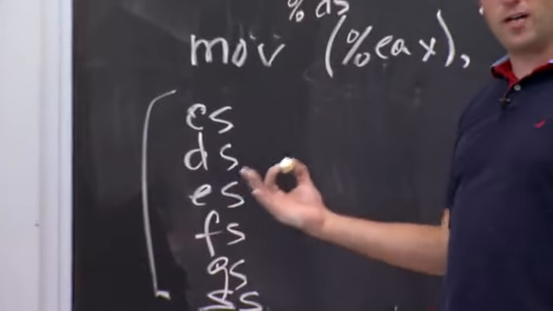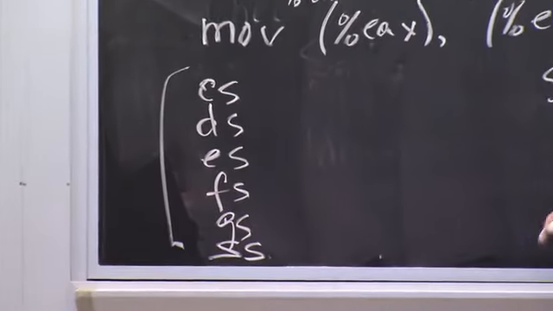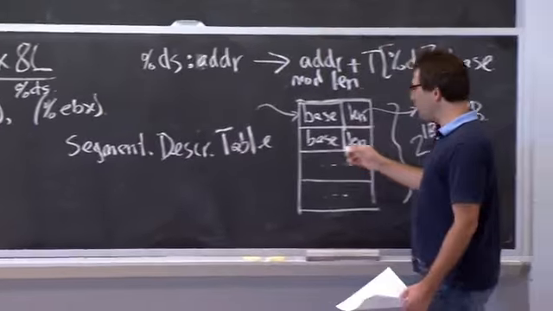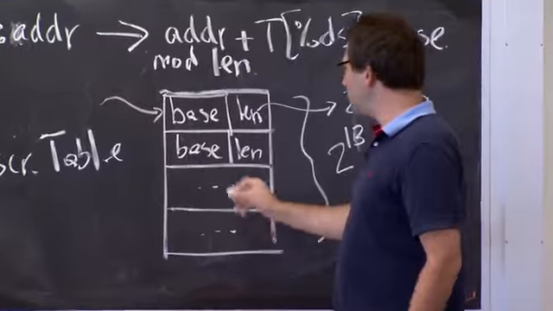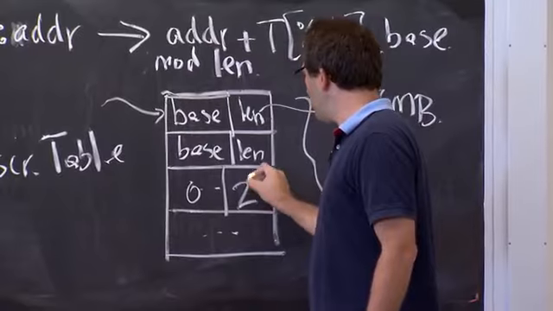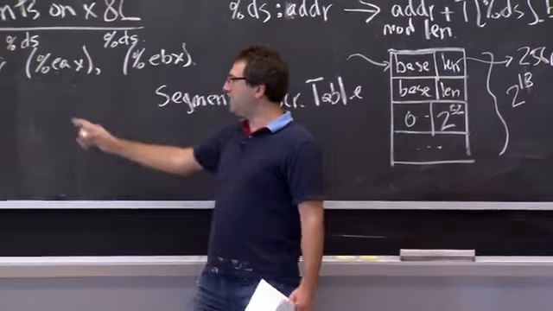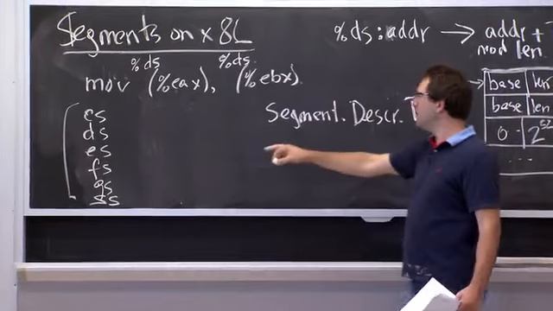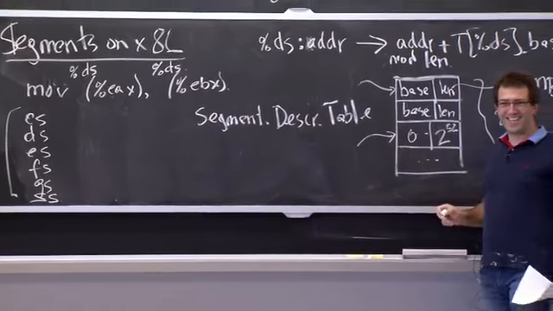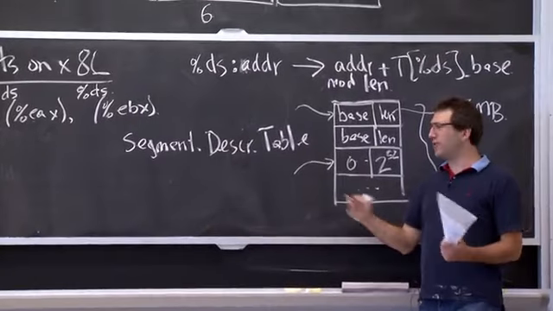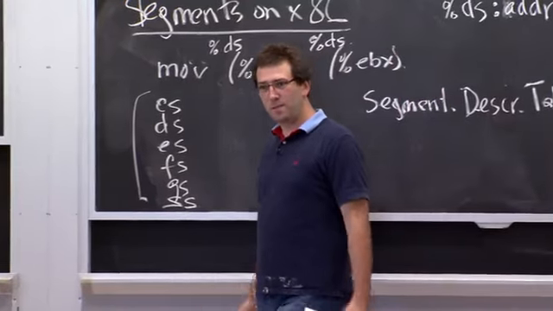So you have to make sure that the untrusted module doesn't tamper with these segment selector registers, because somewhere in your descriptor table is also the original segment descriptor for your entire process, which has a base of 0 and a length of 2 to the 32. If the untrusted module could somehow change the CS or DS or ES or any of these to point to this original operating system segment that covers your entire address space, then you could do memory references with respect to this segment and get out of this sandbox.